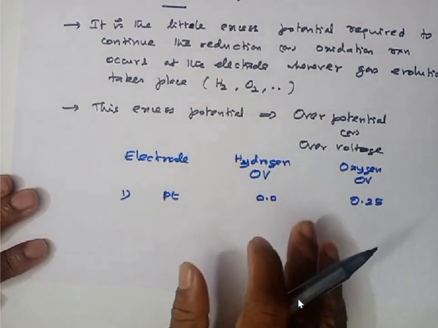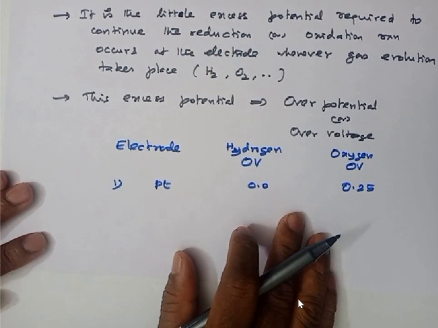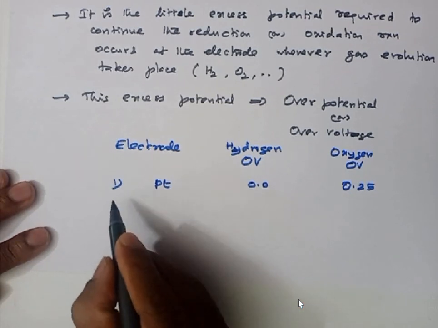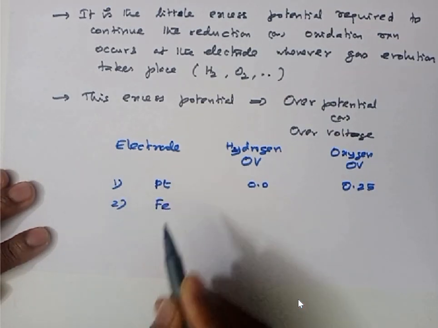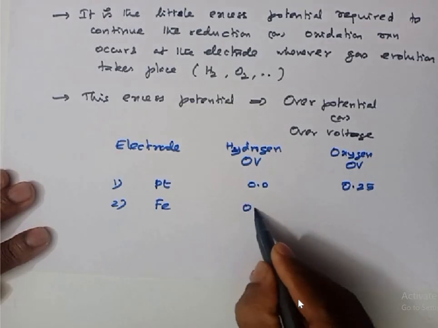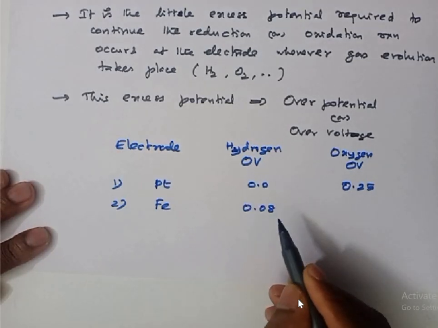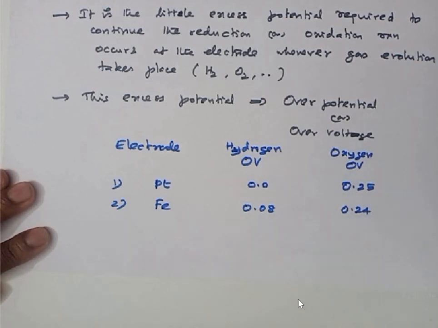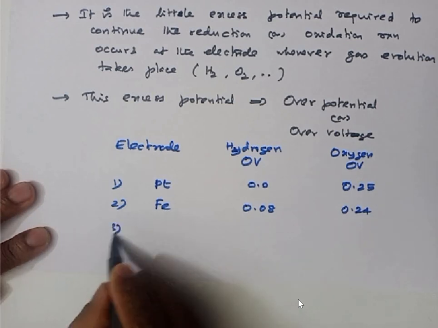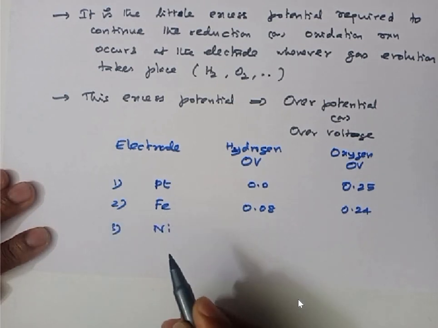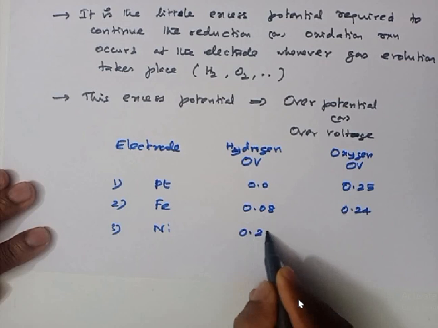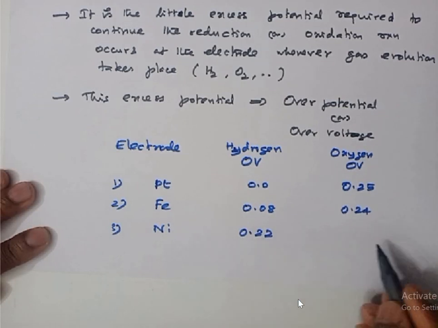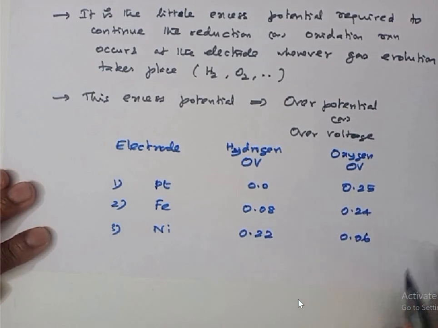Similarly, we have different overvoltages for different electrodes. For iron, if we use iron as the electrode, then hydrogen overvoltage is 0.08 and oxygen overvoltage is 0.24. And if you use nickel as the electrode, the hydrogen overvoltage is 0.22 and the oxygen overvoltage is 0.06.